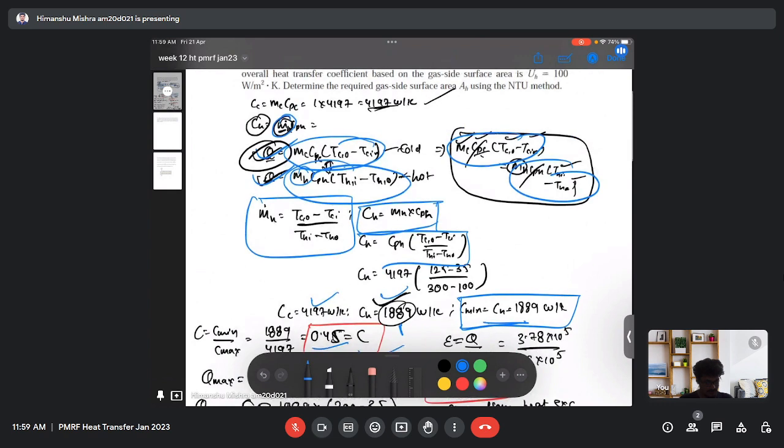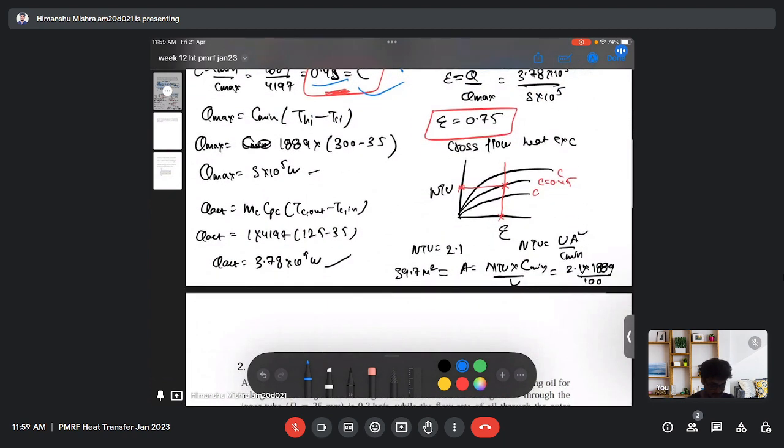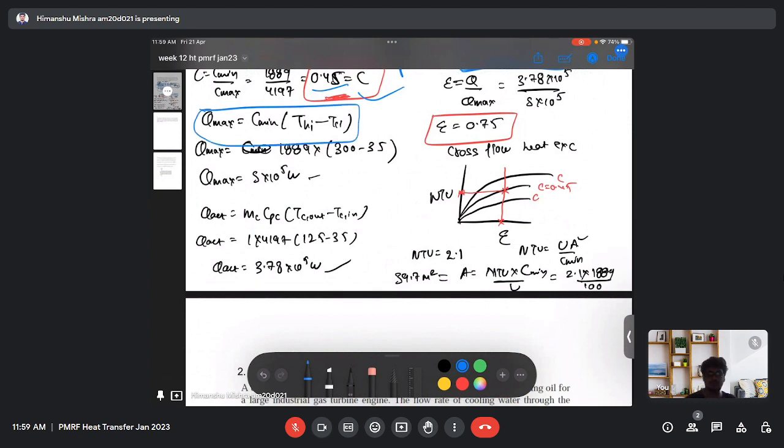For actual, we use this relation. You can use either one of them, either cold or hot. You will get the same actual heat transfer. For maximum, we use this one where we use the inlet temperature of both hot and cold fluid.